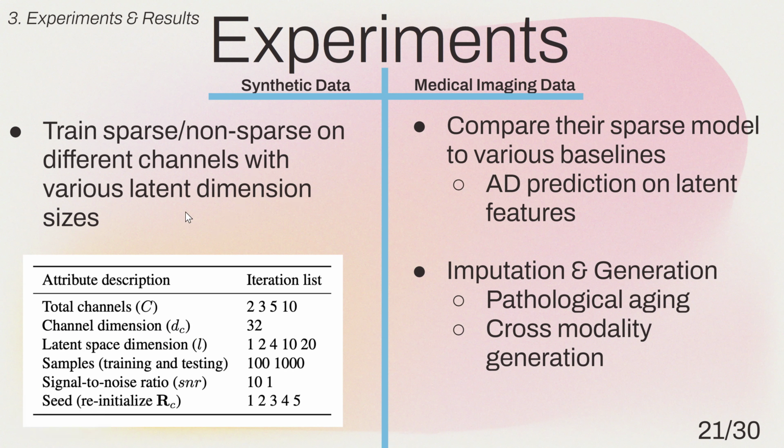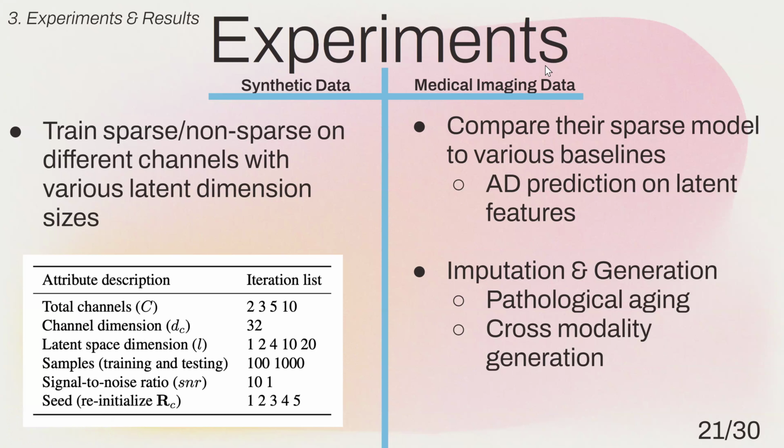But here, they're able to automatically generate this latent vector and see how well their model can recover it. They generate this random data and play with how many channels or modalities they have, the channel dimension, and how big the latent space should be.